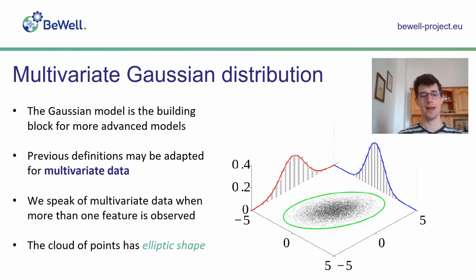We simply say that data are multivariate when more than a single feature is observed. For example, whenever we measure blood pressure and heartbeat. Jointly, they form what is called a multivariate sample. The main feature of a Gaussian multivariate distribution is that, plotting the collected sample, the cloud of points has an elliptic shape.